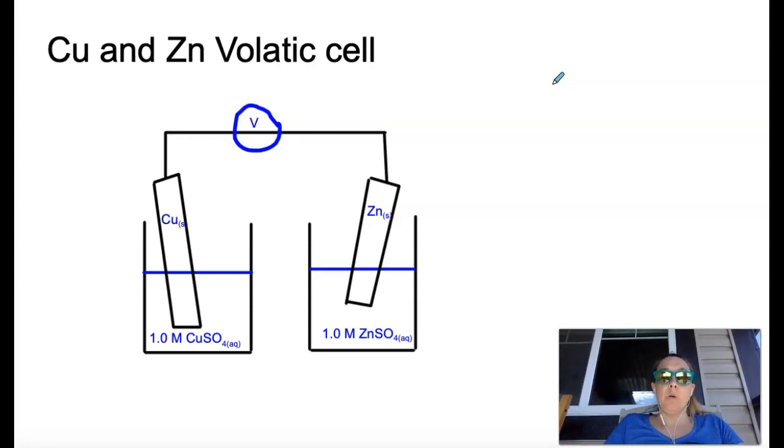Okay, so at the start of the video she had this, and you saw that there was no current being produced, right? There was no voltage being read on the voltmeter, and the current only started when we put in a salt bridge. So I'm going to draw a salt bridge.